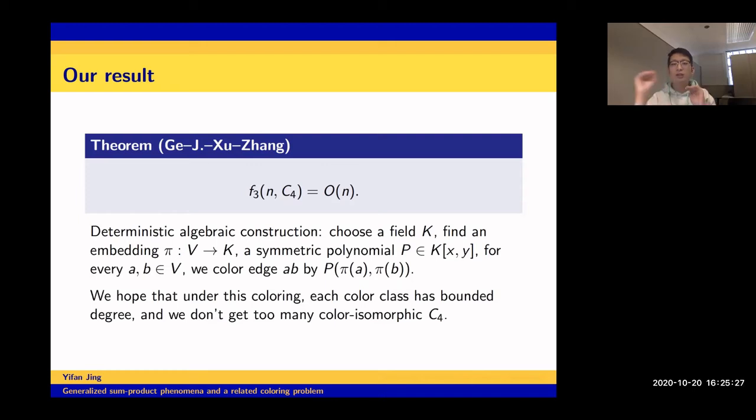So basically, we just color the edges by the image of the polynomial. We want to choose a nice polynomial such that under this coloring we have a proper edge coloring, where each color class has bounded degree, because if we have this, then we can easily modify it to a proper edge coloring. And then we also hope that we don't get too many color isomorphic C4s. So this is the hope.